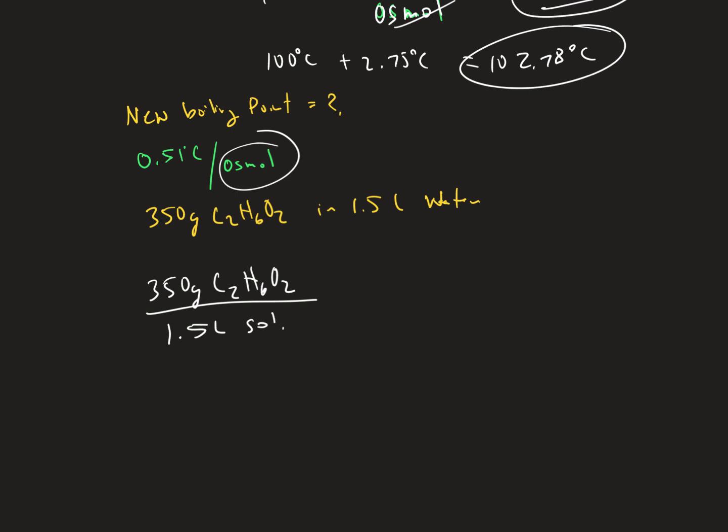But in order for us to know what the volume is, I'd have to give you the density of ethanol. And if I don't, well, 1.5 liters. So I guess this is a slightly bad problem. Is it 1.5 liter solution? Yeah. It's a water solution of ethanol.